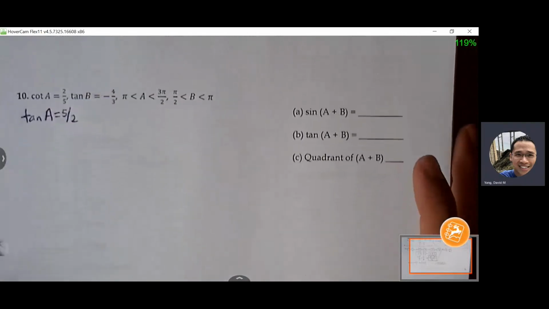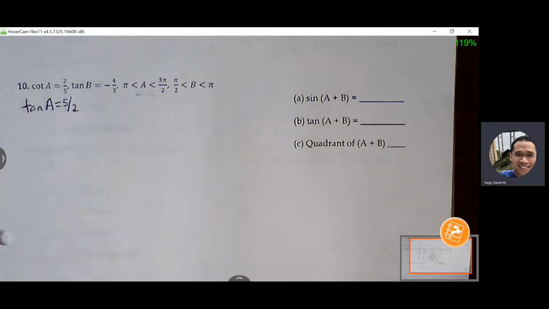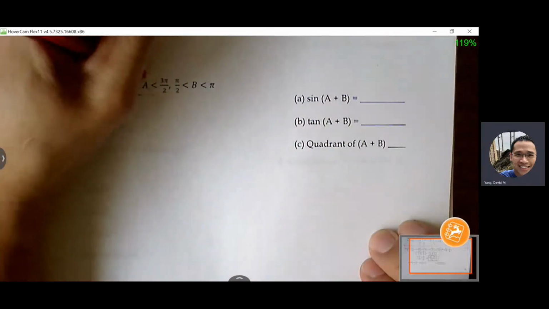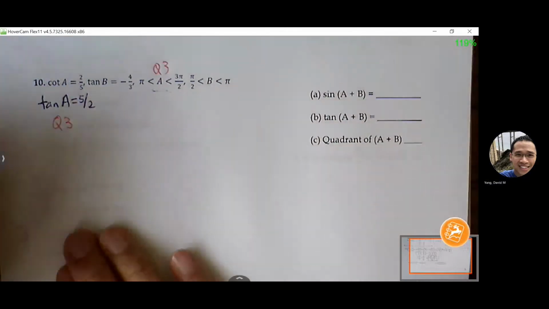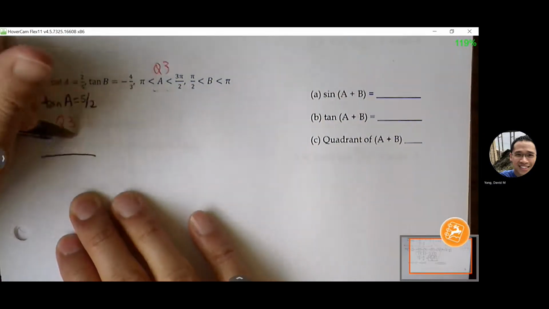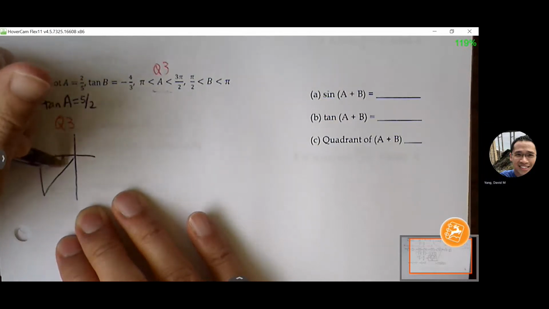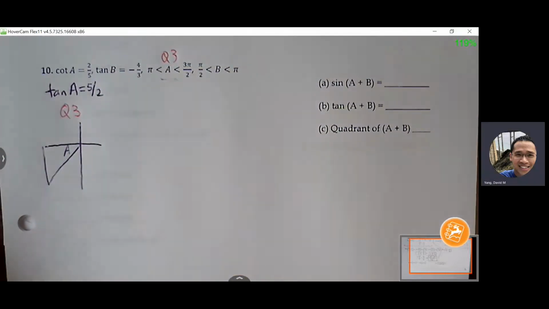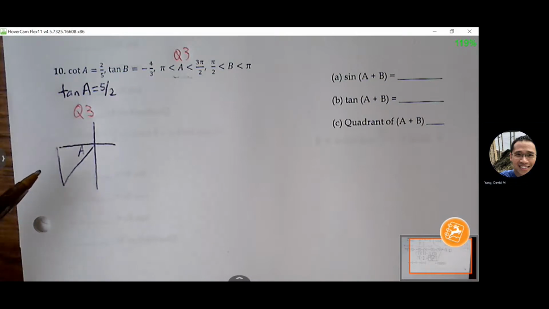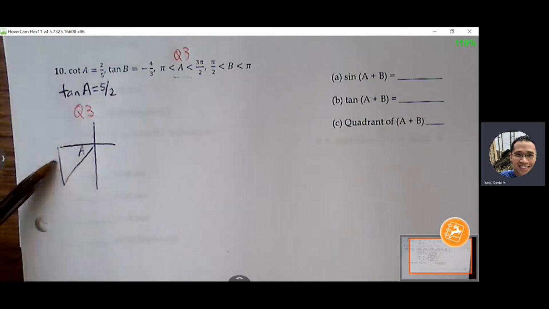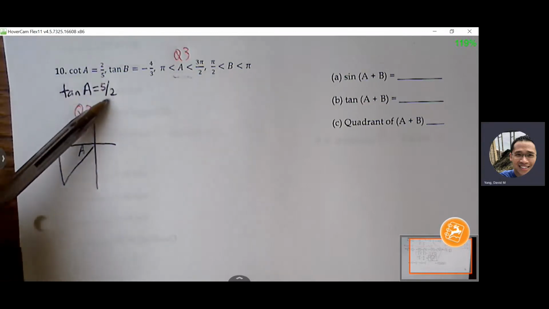Good. Which quadrant is angle A going to be in? Third quadrant. Okay, let's build our triangle. 5/2. What do we put onto this triangle, though? Do we just say 5/2? Good. These are both negative, right? I mean, it's not showing the negatives because they're being canceled out.